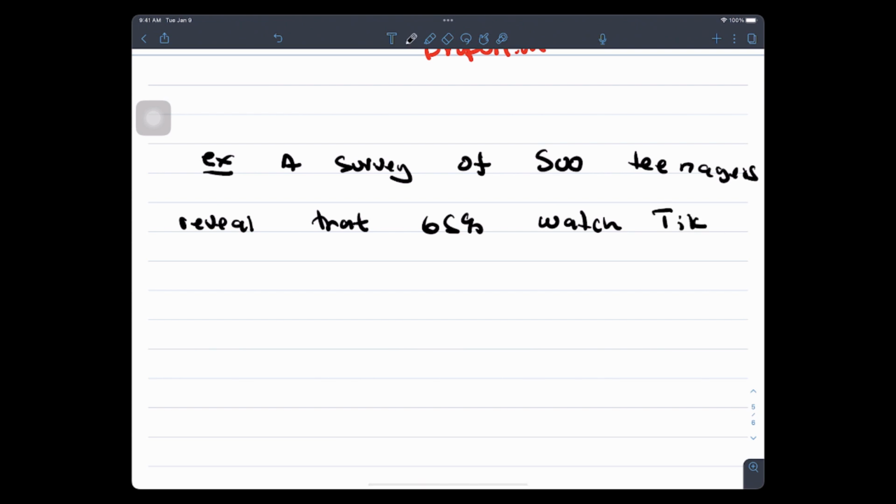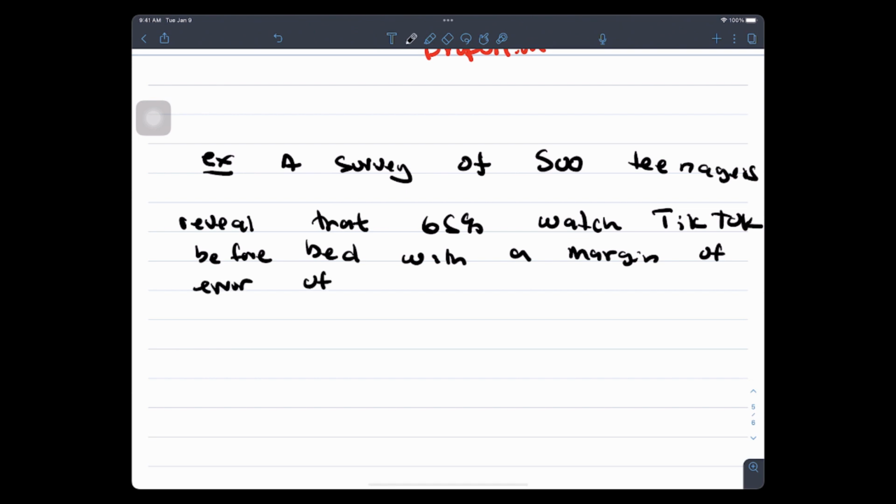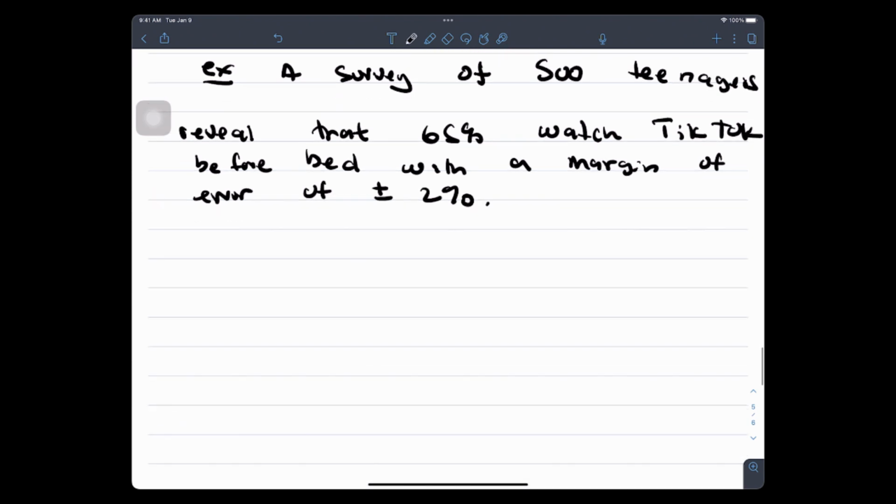Watch TikTok before bed, with a margin of error of plus or minus 2%. Okay?